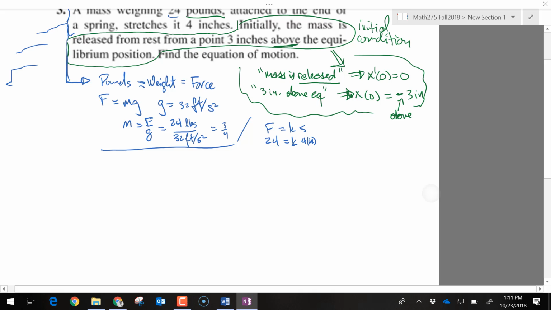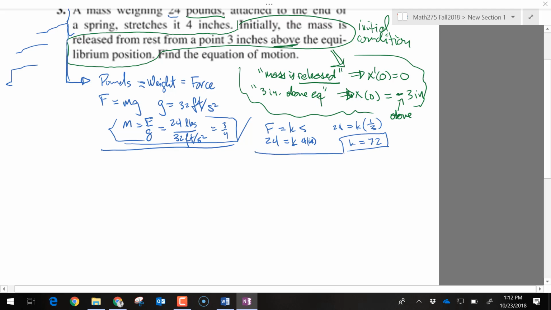So we have 24 is equal to k times 4 divided by 12, which is 1/3. And so k is equal to 72.